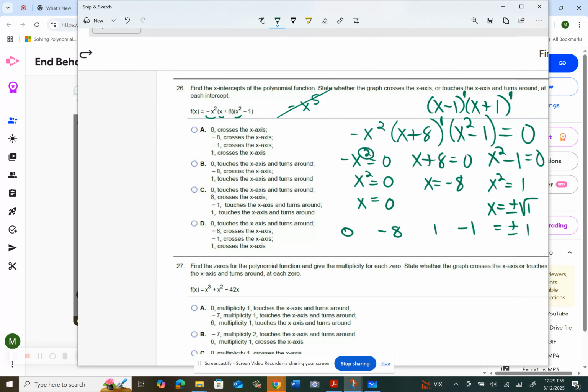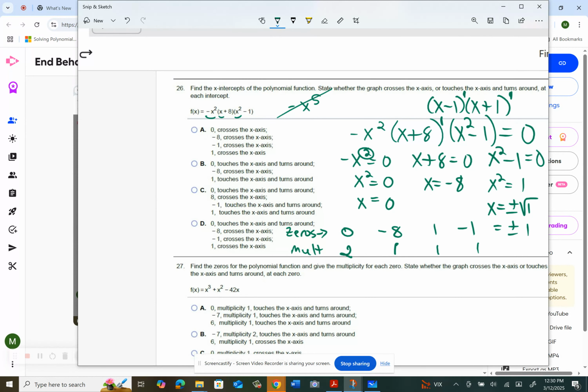The multiplicity has to do with what the exponent is on the related factor. So the multiplicity, these are the zeros here. The multiplicity would be the exponent on those factors. So that one had a 2. The negative 8 corresponded to a factor that had an exponent of 1, and so did these two.